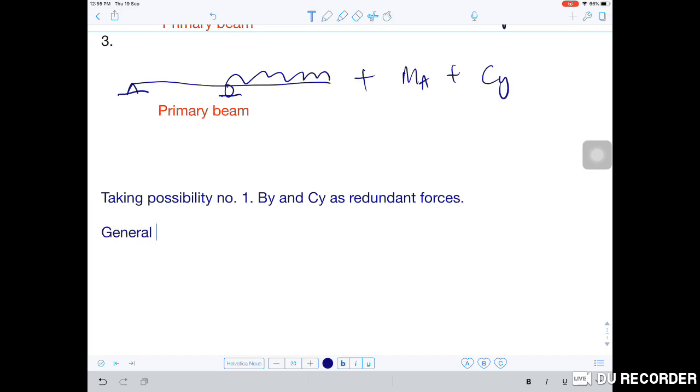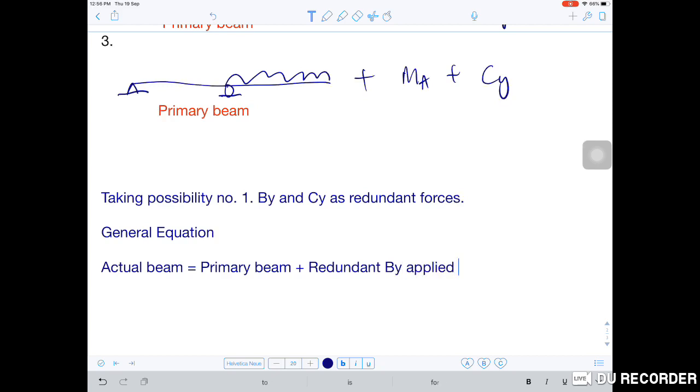General equation: it is actual beam equal to primary beam plus redundant beam. Redundant number 1 is redundant BY applied plus redundant CY applied.